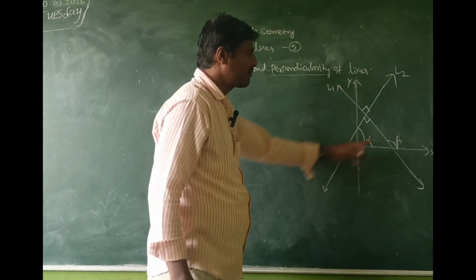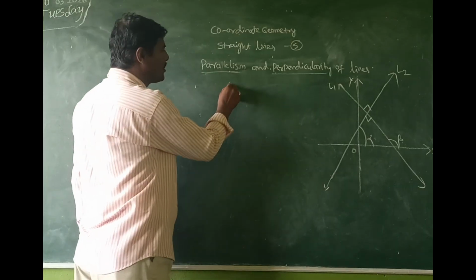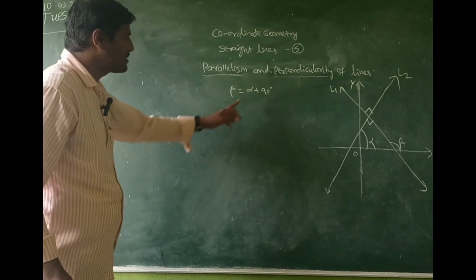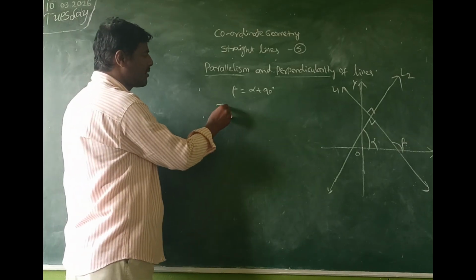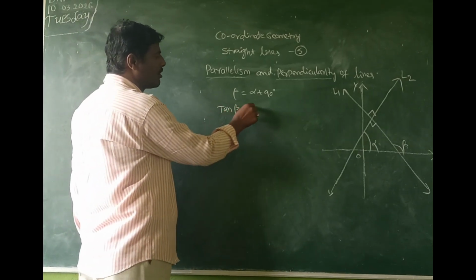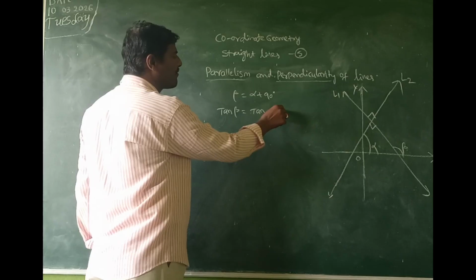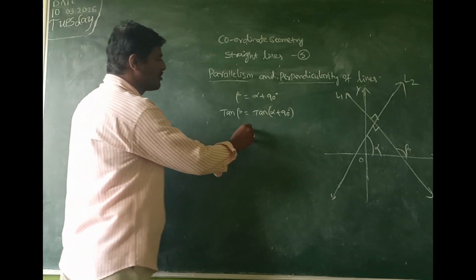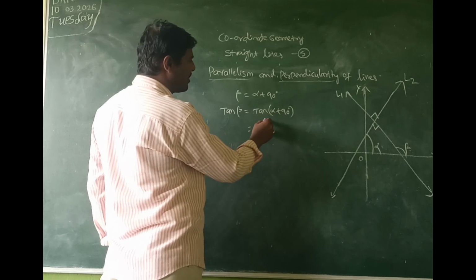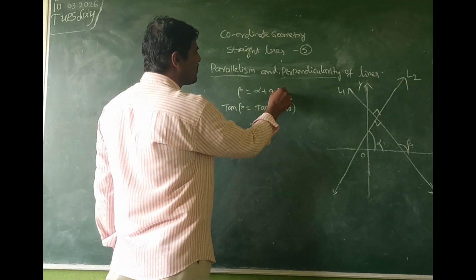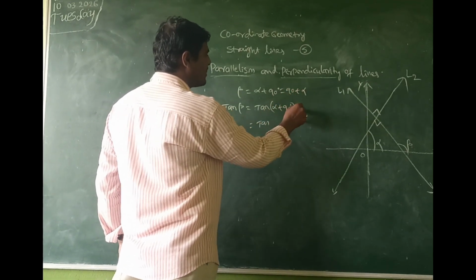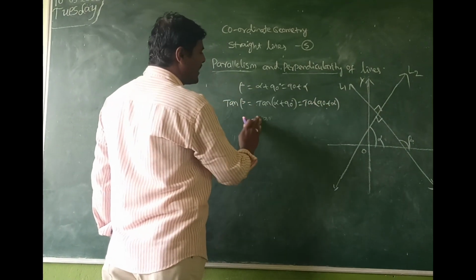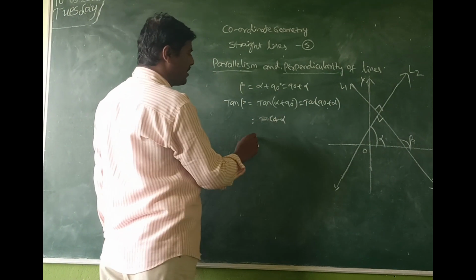So by the exterior angle property, beta equal to alpha plus 90 degrees. Taking tan on both sides, tan beta equal to tan of (alpha plus 90). Tan of (90 plus alpha) equals minus cot alpha.